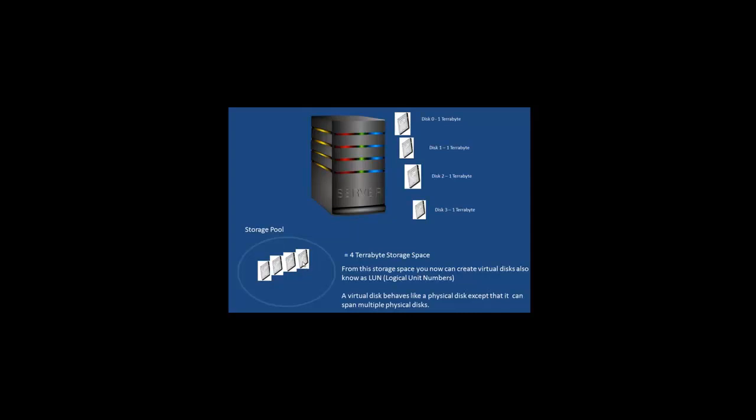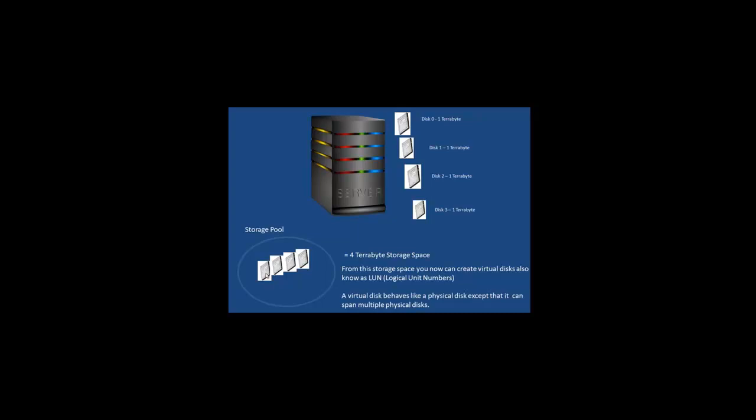For example, if I decided that my 1 terabyte was not enough for storage, this was becoming too full, what I could do is create a logical unit number using space from the other disk. So maybe I wanted, let's say, 1500 gigabytes.